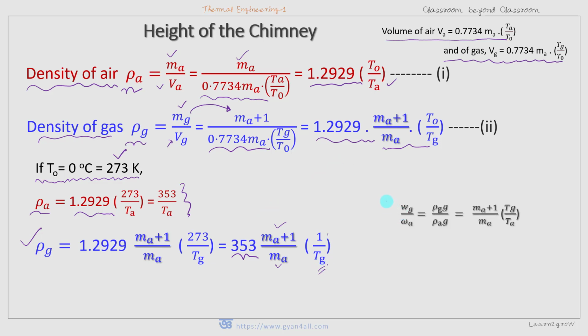And we can also find Wg divided by Wa, that means specific weight of gas divided by specific weight of air, that is equal to rho g by rho a. If we multiply by g, the acceleration due to gravity, the ratio remains the same.